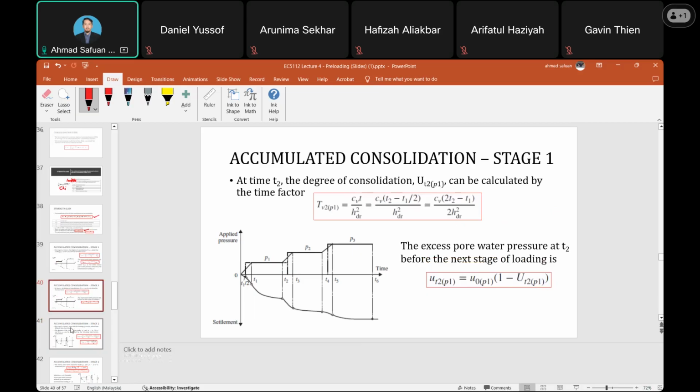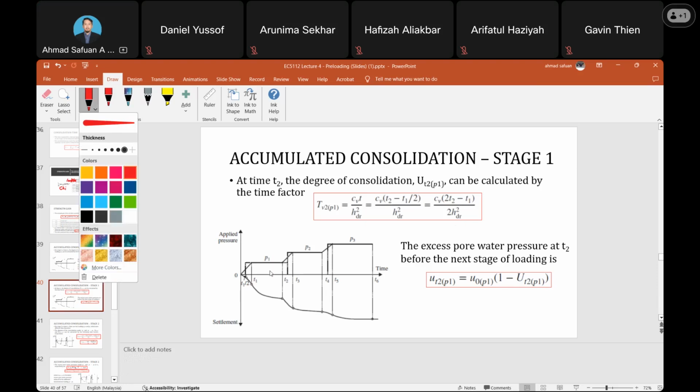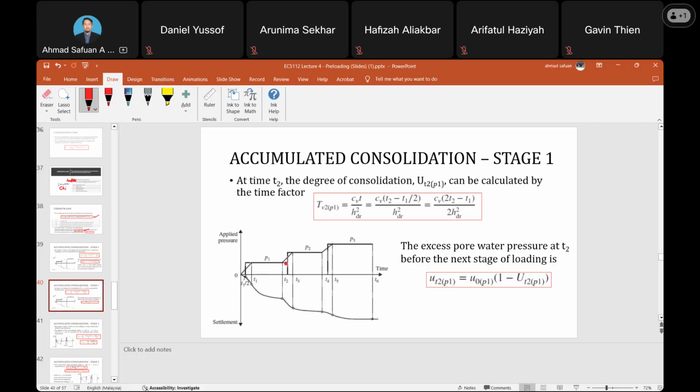Okay. At the time of T2, the degree of consolidation can be calculated at the time factor Cv, at here. This is T2.